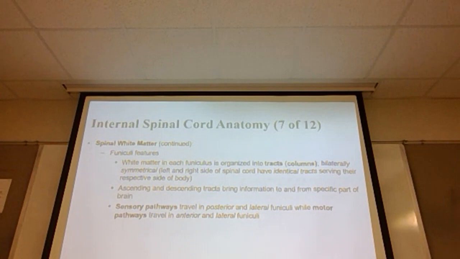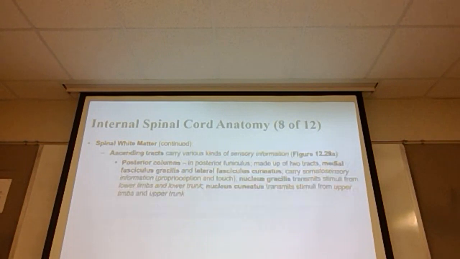Ascending and descending tracts bring information to and from specific parts of the brain. Those pathways are called sensory pathways. The sensory pathways travel in the posterior and lateral funiculi, while motor pathways travel in the anterior and lateral funiculi.